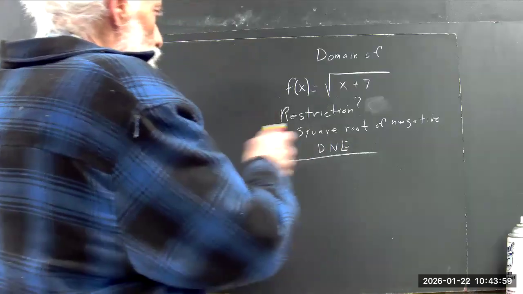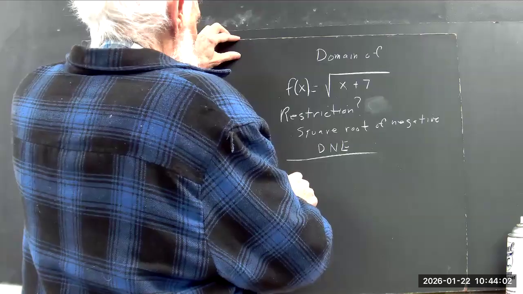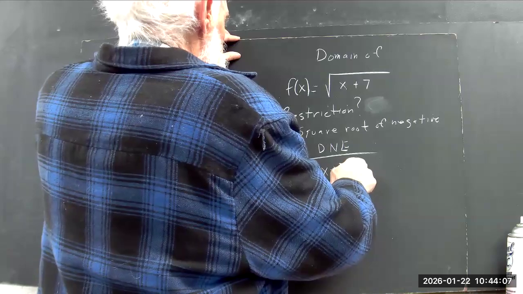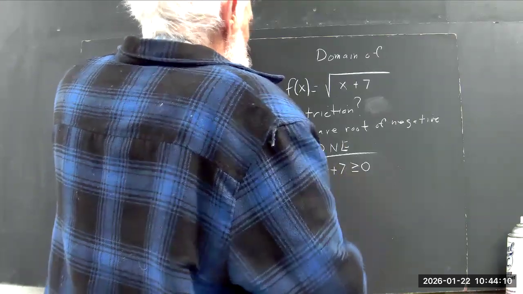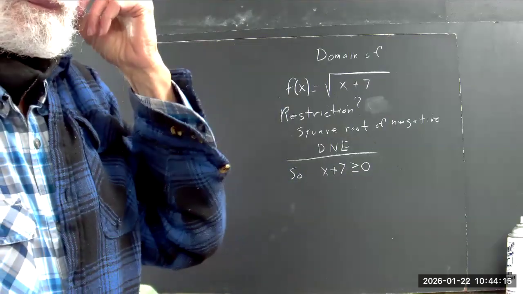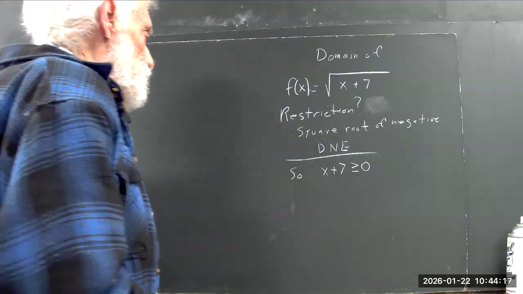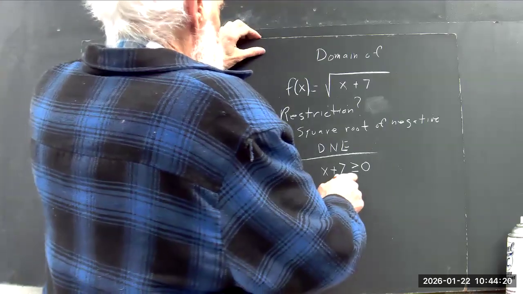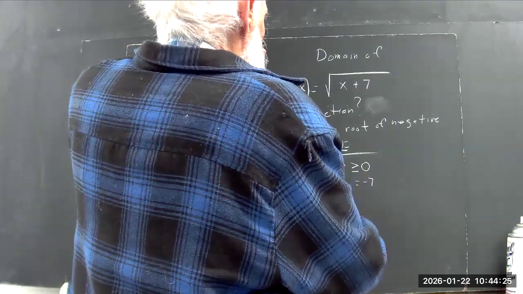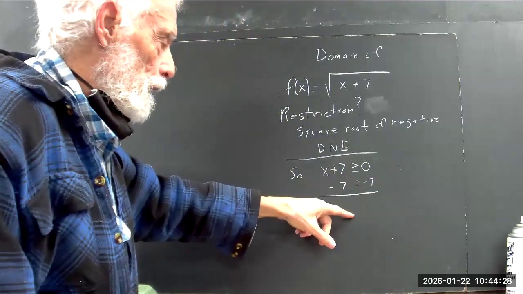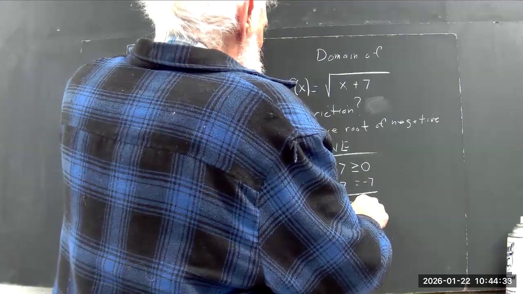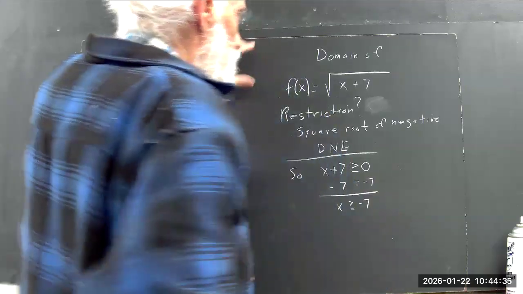Okay, so here, x plus 7 has to be greater than or equal to 0. Well, we can add negative 7 to both sides of this inequality, and we get x greater than or equal to negative 7.